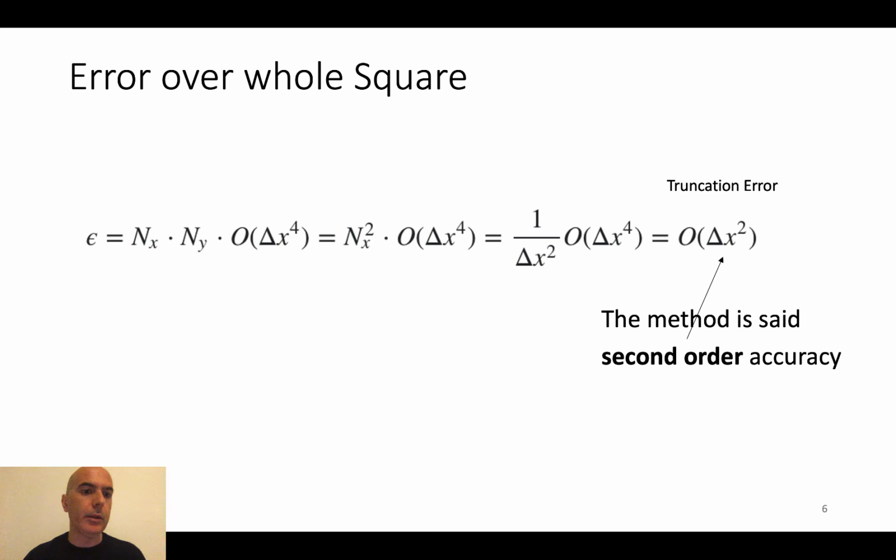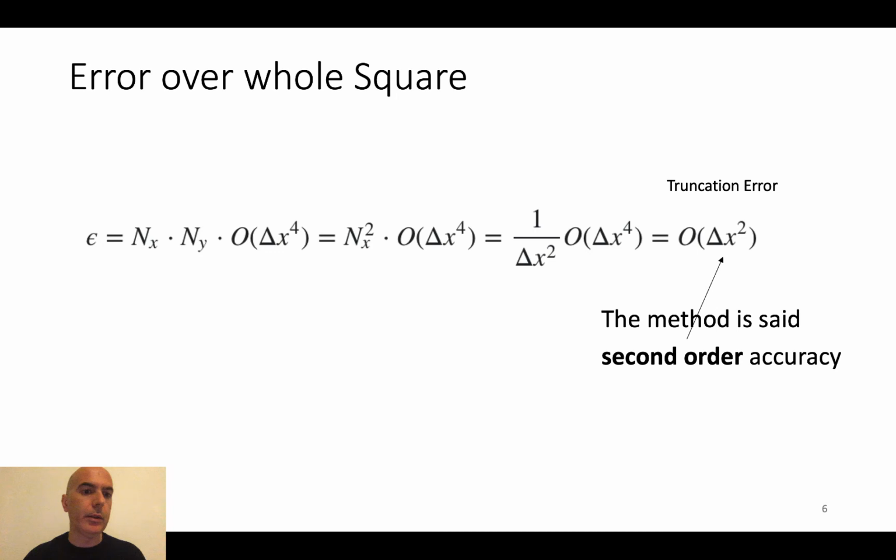Our size, the size A, can be considered size 1. So nx is also 1 over delta x, and ny also is 1 over delta y, that is equal to delta x. So the whole expression will be 1 over delta x squared multiplied by big O of delta x to the power of 4.